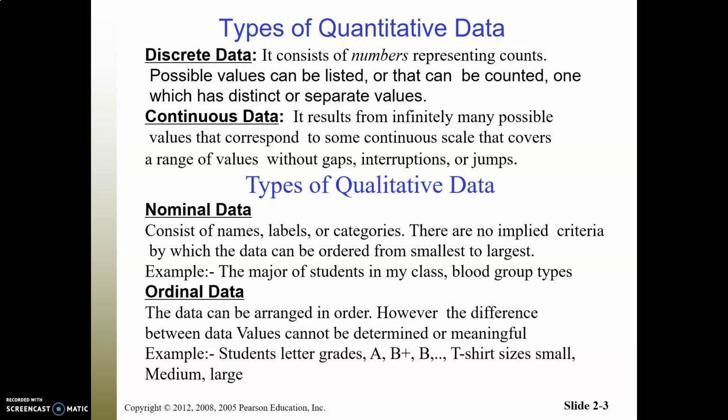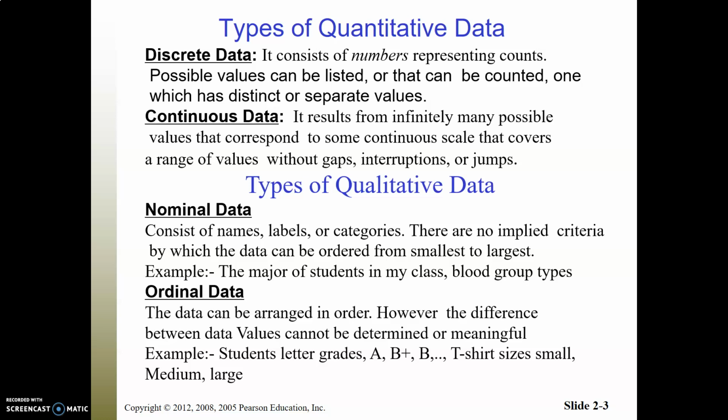For example, the student letter grade: A, B plus, B. We know that A is the best grade, then we have B plus, B, C, and so on. Although these are letters, not numbers, we can define a certain arrangement.